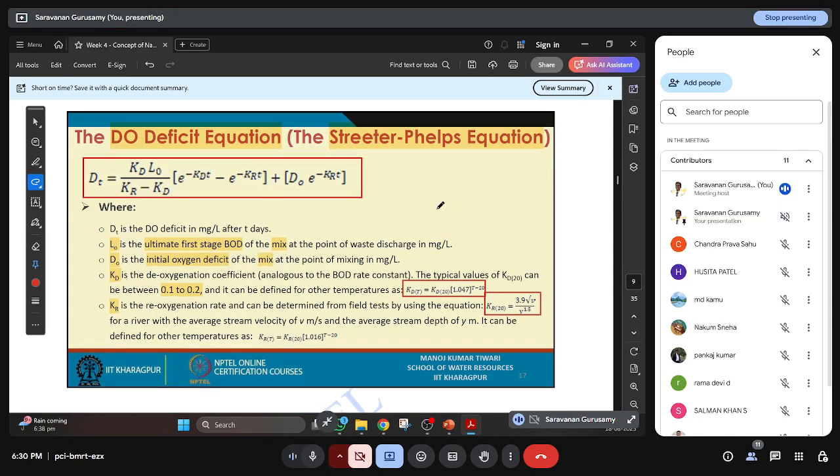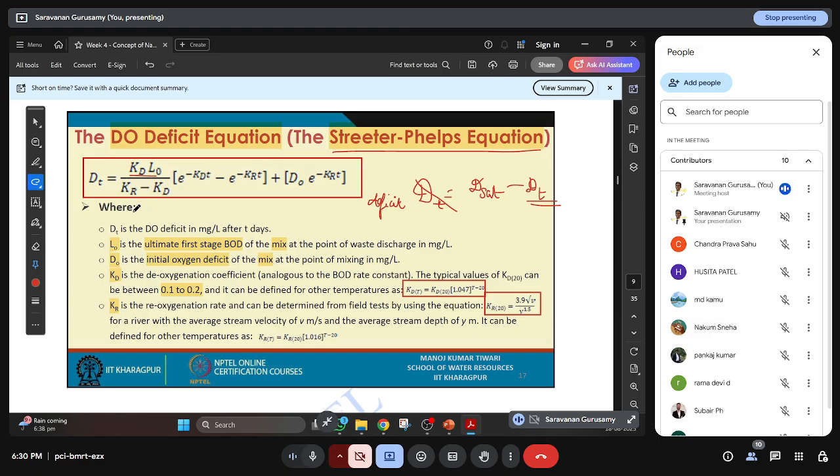So the deficit, as I mentioned, at any time, deficit equal to saturated DO minus DO at any time, is called the oxygen deficit. How can we find the DO at any time? We have an equation called Streeter-Phelps equation.